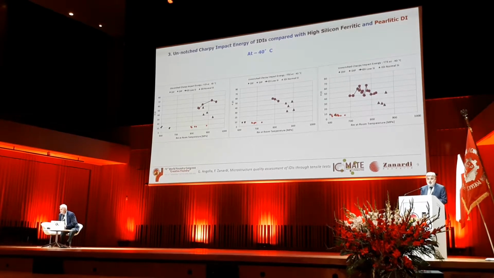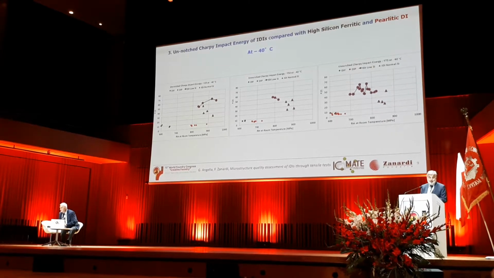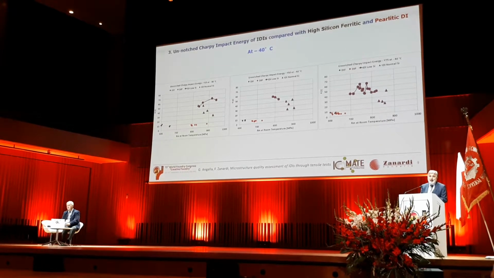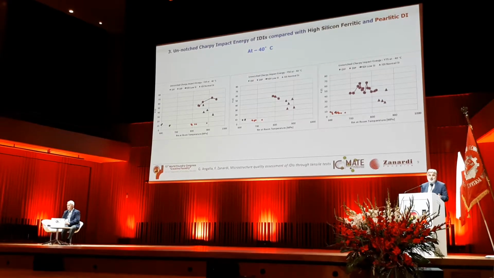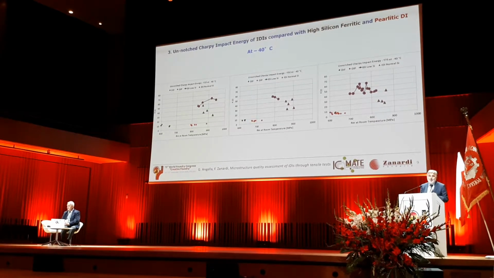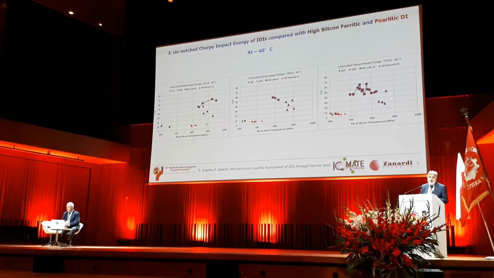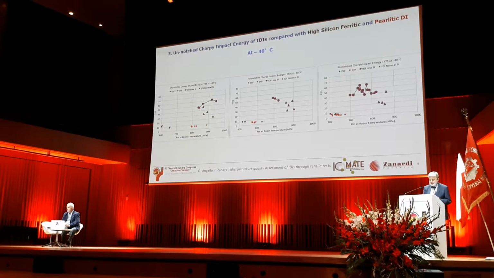To have more, you need to go to Austempered ductile iron. But you know that with Austempered ductile iron, when you increase too much the thickness, you are obliged to introduce moly, and moly makes segregations that are in some way detrimental for properties.